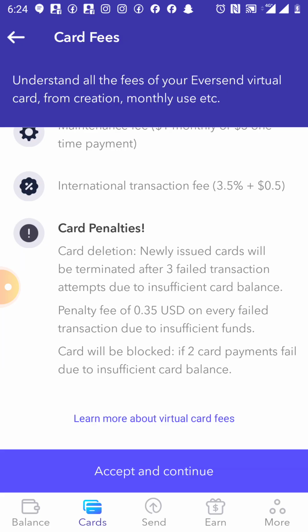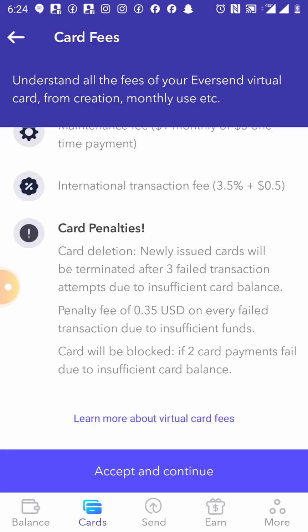Then here we have card penalties. What do they say about card penalties? Card deletion: newly issued cards will be terminated after 3 failed transactions. Why do you think transactions fail? Transactions fail if you have no balance on your account.